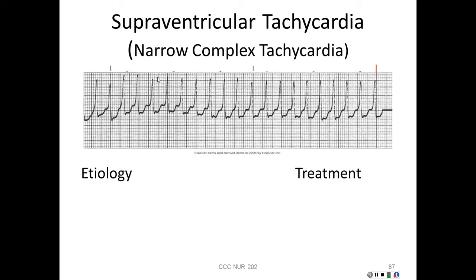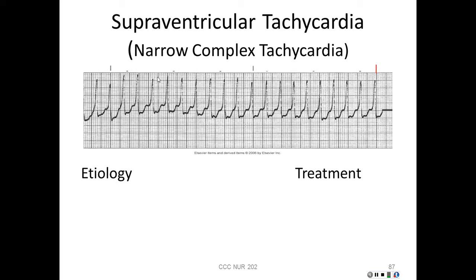Typically, we'll see this with patients who are in physical or psychological stress, hypoxia, hypokalemia, excessive use of caffeine or other stimulants. May see this with people who are abusing marijuana.